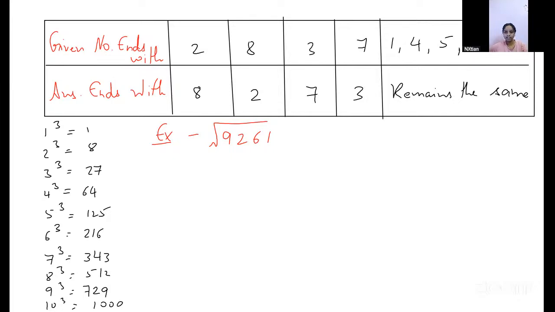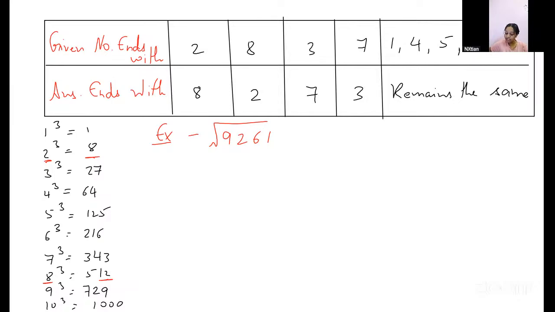Yes, absolutely. Where 2 is coming, 8. Where 8 is coming, see, rule being followed means check the first one. Given number ends with 2, answer ends with 8. Given number ends with 8, so 8 and 2.